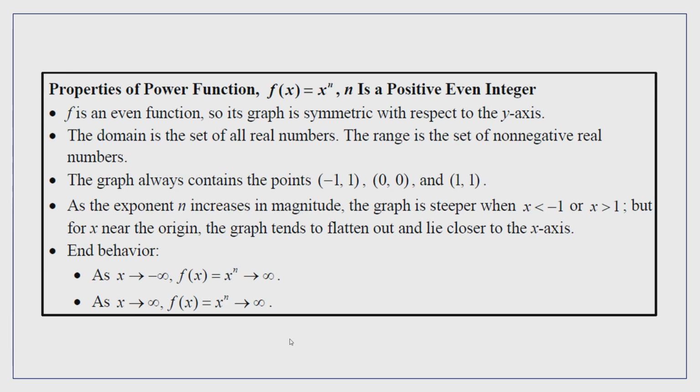As the exponent n increases in magnitude, the graph is steeper when x is less than -1 or x is greater than 1. But for x near the origin, the graph tends to flatten out and lie closer to the x-axis. Our end behavior is saying here that as x is getting smaller and smaller, y is going to infinity, meaning it's getting larger. And as x is getting larger and larger, y is also getting larger and larger. All right, so that is the positive even integer for a power function.